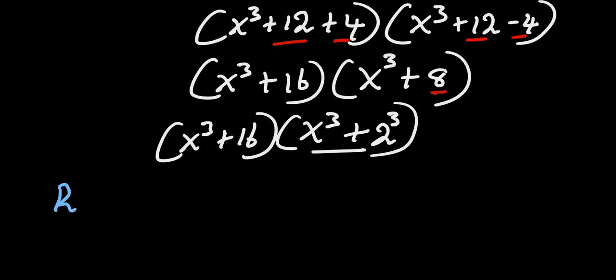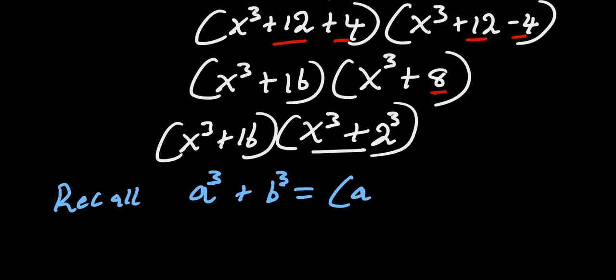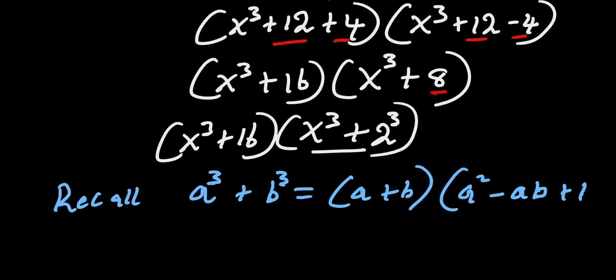So recall that a cubed plus b cubed would be equal to a plus b, a squared negative ab plus b squared.